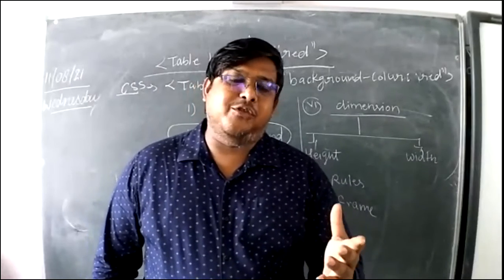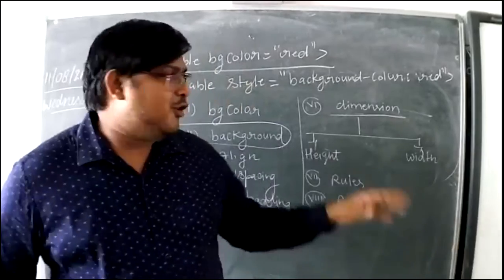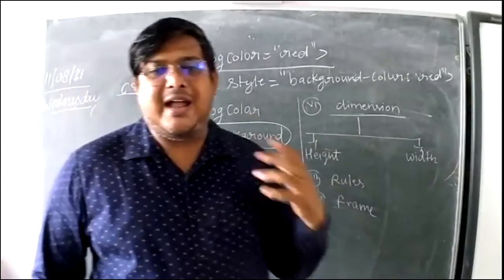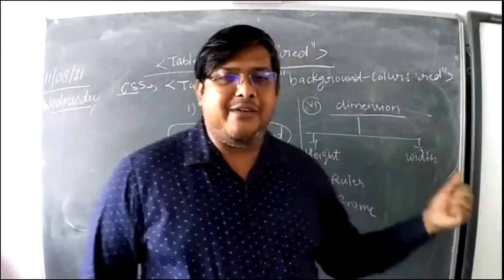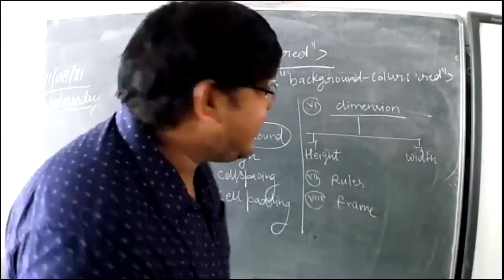That means if you want a background color to come, you have to use BG color. If you want some image in the background, I will use the background attribute. Clear?